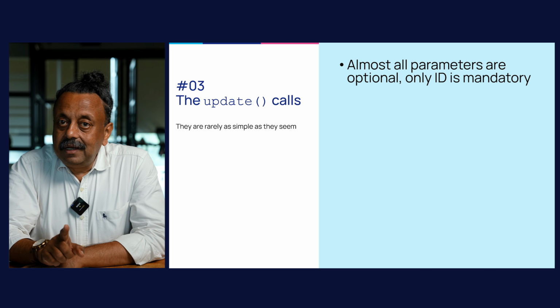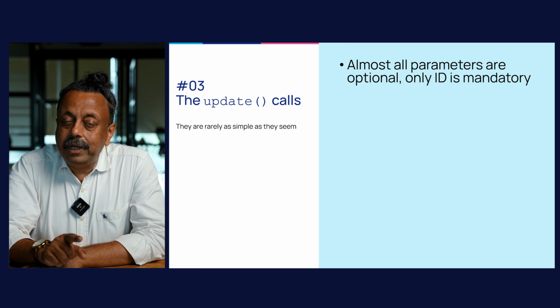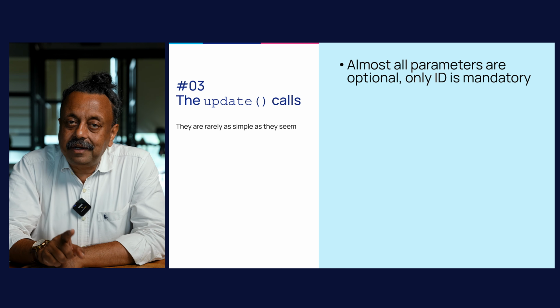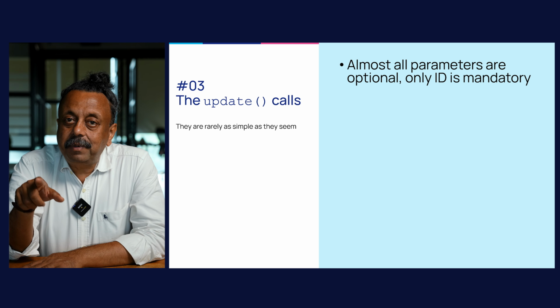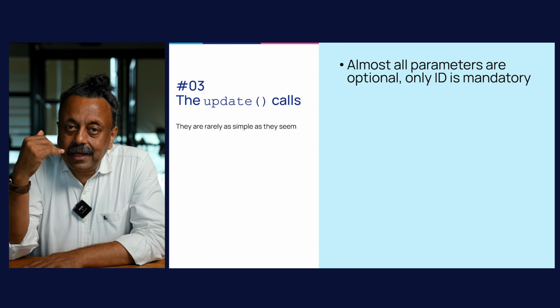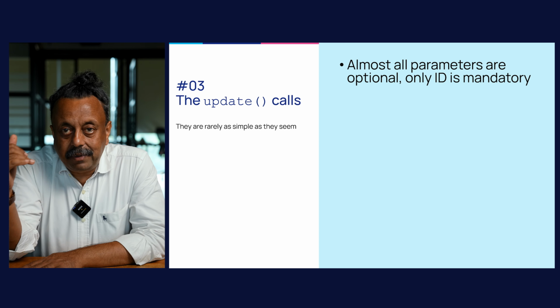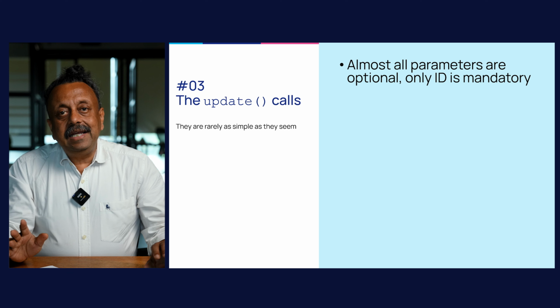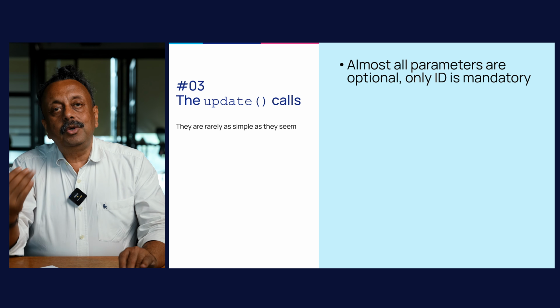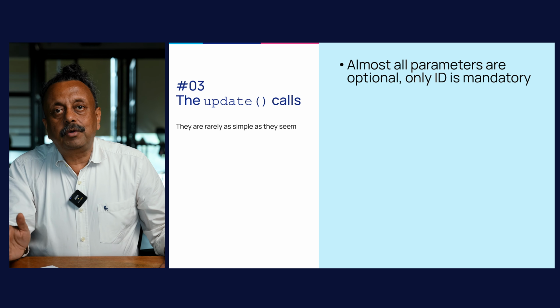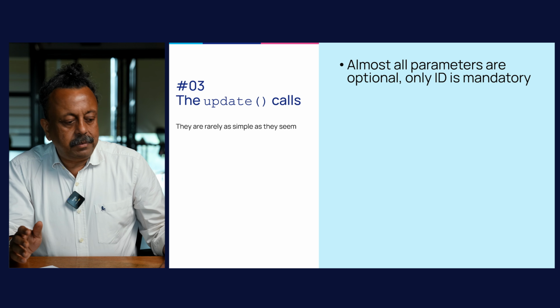However, this doesn't mean that you can do an update call with just the mandatory ID parameter and nothing else. At least one of the optional parameters has to be provided so that that field's value can be updated. So only the ID is mandatory, but to be able to use the web service, you also have to provide at least one optional parameter.